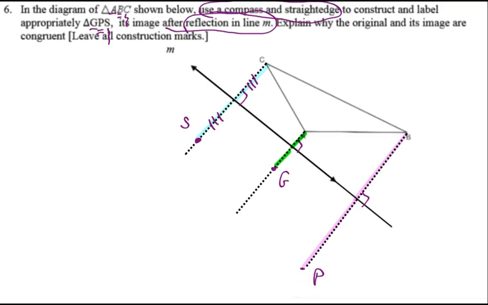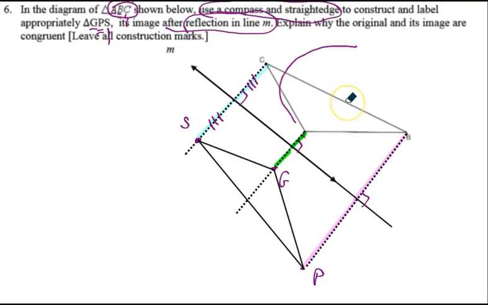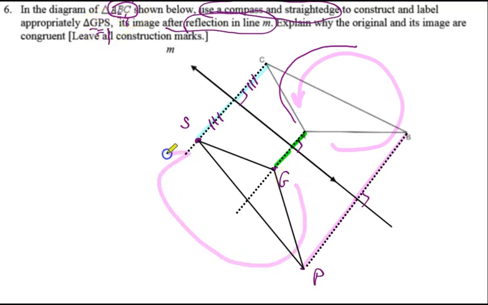And then, of course, we will need to connect the 3 points to form the figure itself. And just for fun, let's see what orientation would be. If I go in the order from A to B to C, that's counterclockwise, then GPS would be the clockwise order, which means orientation changed.